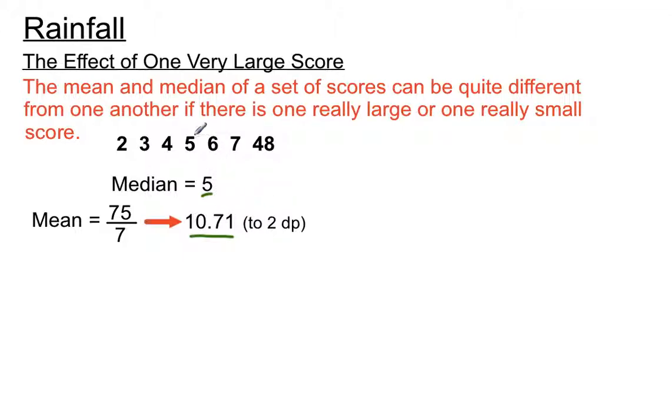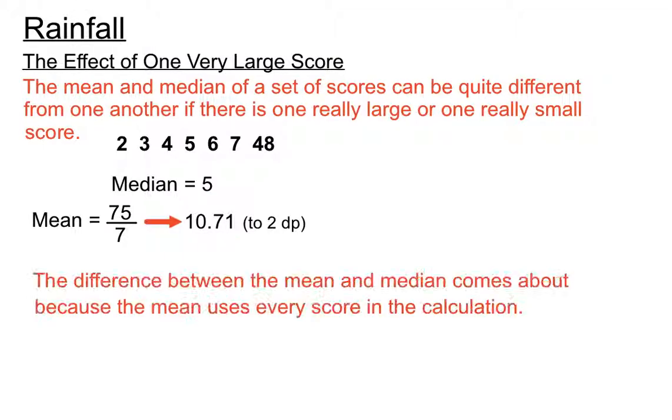Now the median of 5 is a pretty typical score if you discount that 48, but the mean of 10.71 is quite a bit bigger than 6 out of the 7 scores. So if you find, when analyzing rainfall, that there's a big gap between the median and the mean, it can be explained by there being one really large or really small score in the data.